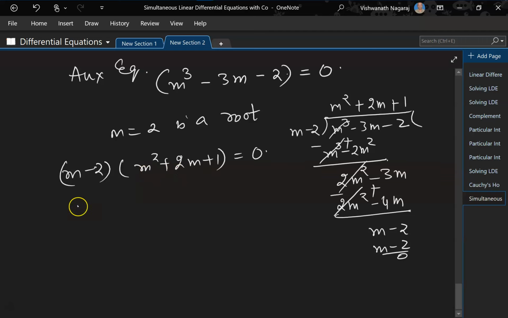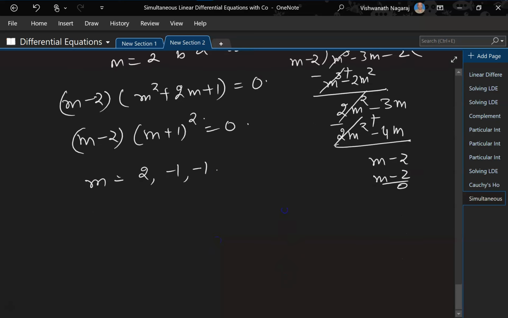So this is nothing but m plus 1 square, m square plus 2m plus 1 is the square, which means m is equal to 2, minus 1, minus 1. So we have repeated roots.